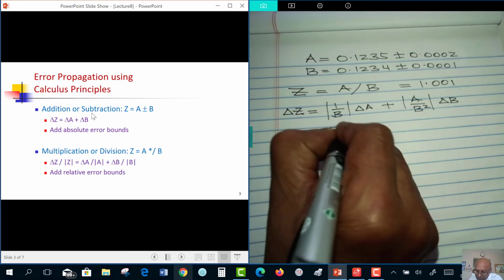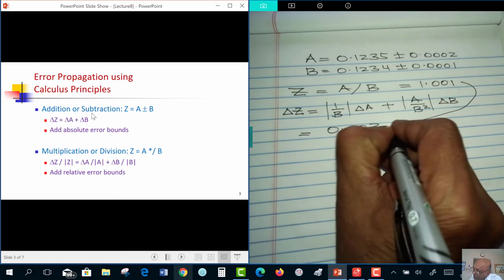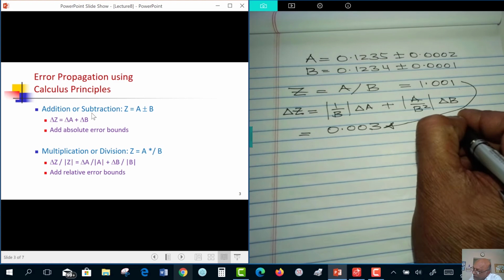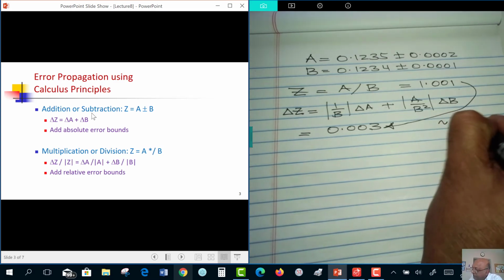So again, we will get 0.003. So if we look at delta Z over Z, this is like 0.3% error.